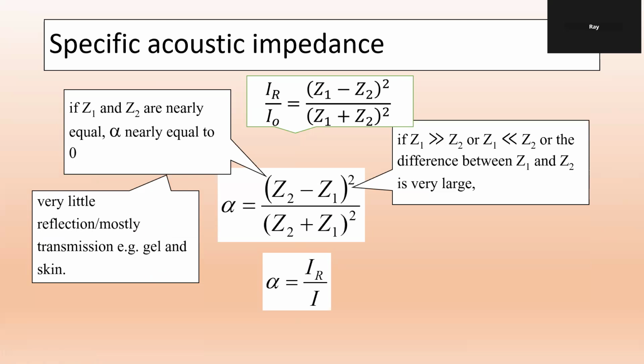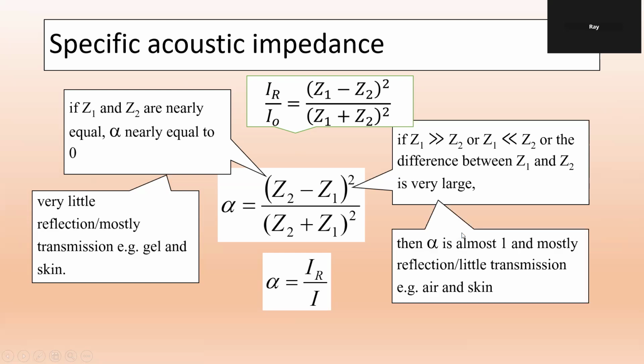If Z1 is very much greater than Z2, or Z1 is very much less than Z2, either one, so the difference between Z1 and Z2 is very large, alpha is almost 1. That means strong reflection and little transmission.